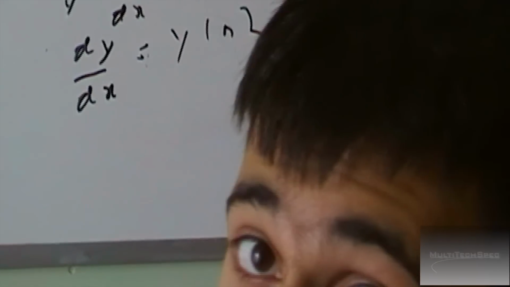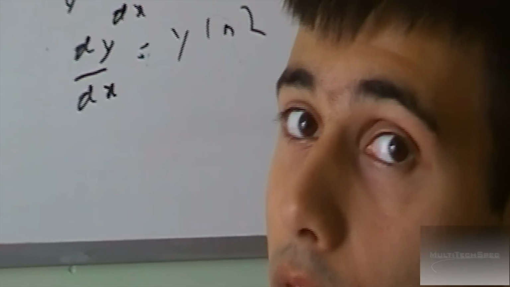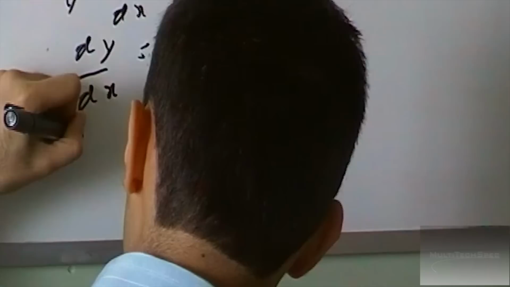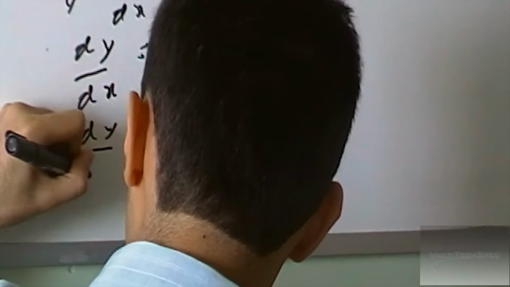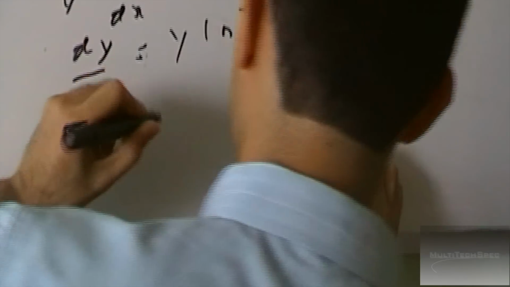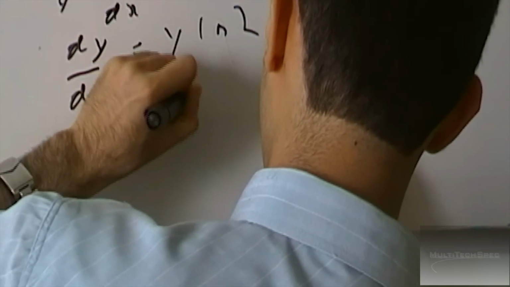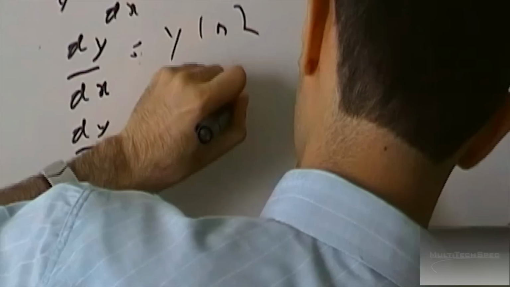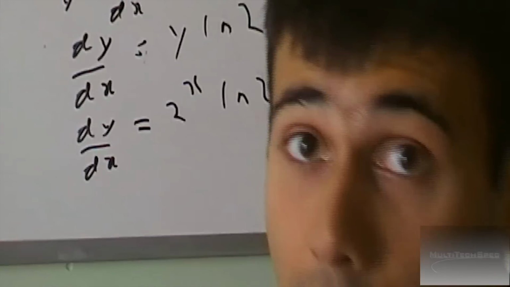So y was equal to 2 to the power of x. Therefore dy by dx must be equal to 2 to the power of x ln 2. And that's the proof.